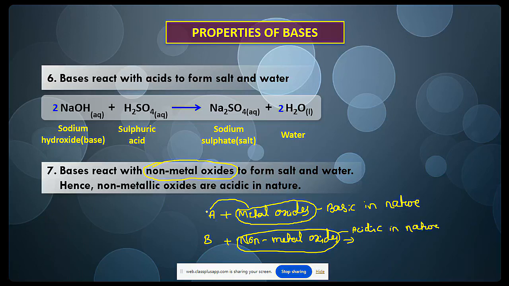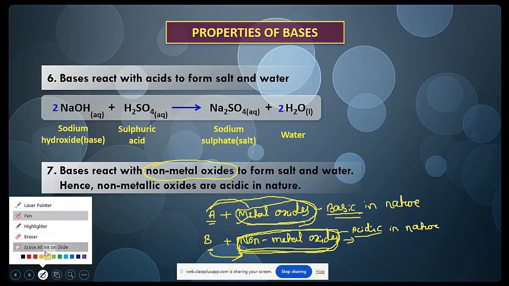Finally, what will we get when acid reacts with metal oxides? We'll get metallic salt. Base reacts with non-metal oxides, we also get salt here. Is it right? That is what we call the nature of the oxides. Non-metallic oxides are acidic. Metallic oxides are basic. Keep it in mind. So acids always react with metal oxides. Bases always react with non-metal oxides.